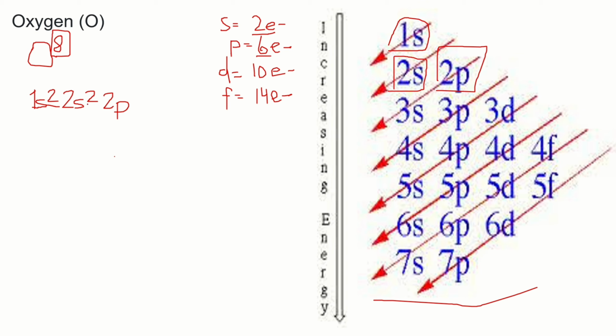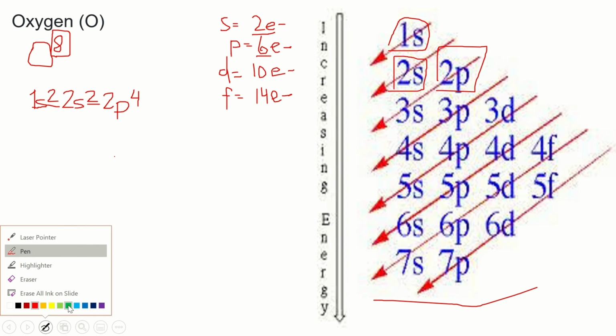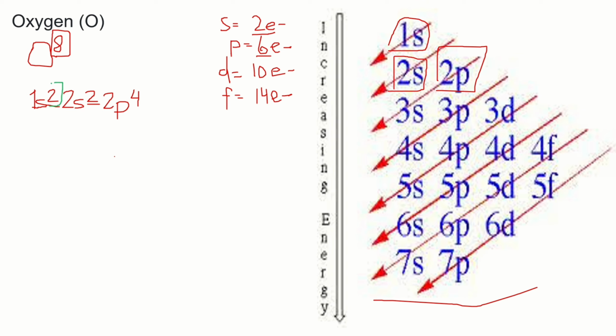So 2 plus 2, we have 4. We do need 4 electrons. So let's write here 4 electrons. So total of 8 electrons. 1, 2, 3, 4, 5, 6, 7, 8. That's the total number of electrons in the oxygen atom.